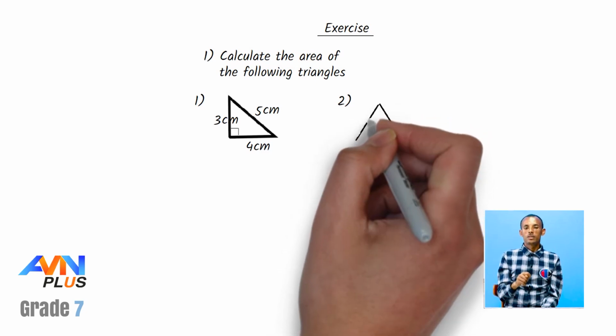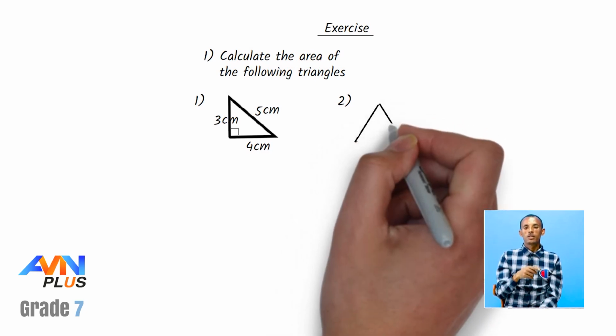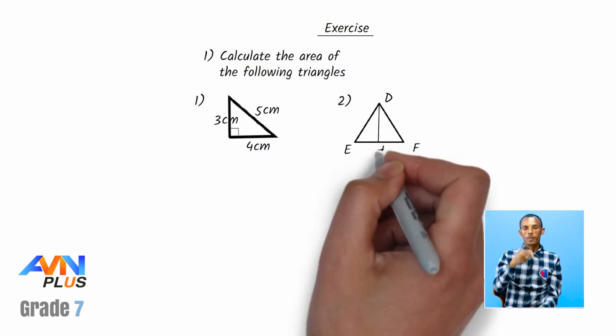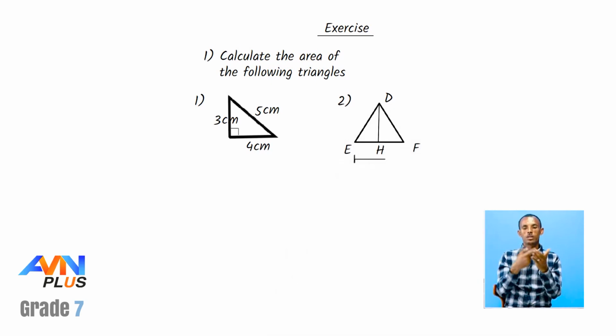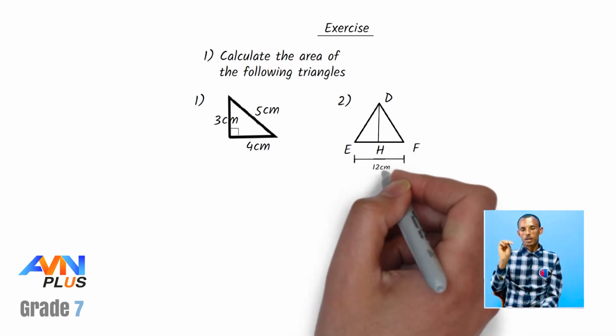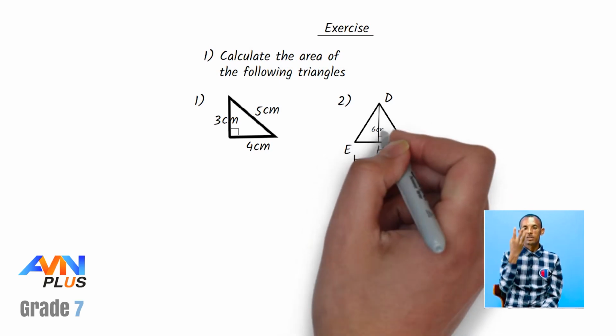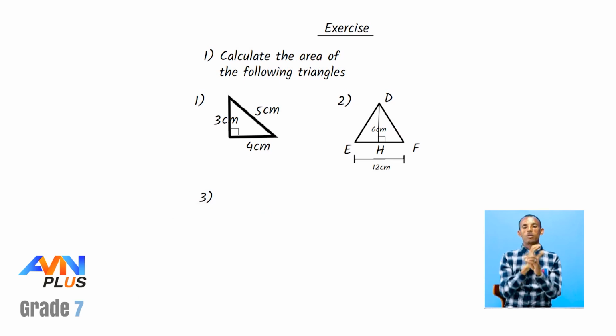Assume this one is DEF, and this one is H. This distance is given to be 12 centimeter, and this altitude is given to be 6 centimeter. Calculate the area of this triangle.